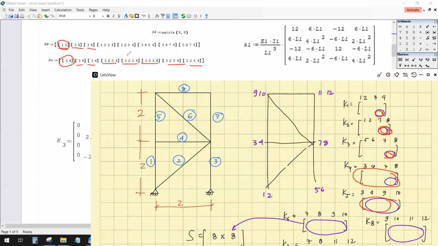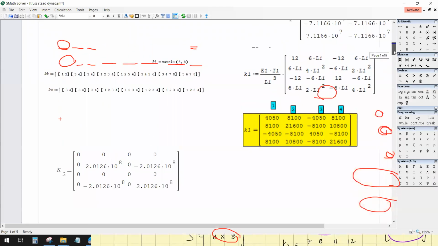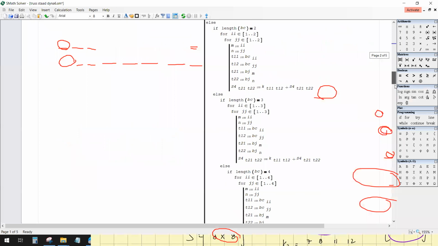Okay? Kasi lumalabas yung 11, 12, yun yung pang 7, 8 natin. Kasi nga, 8 by 8 yung ating S matrix. Okay, so once na settle na tayo dyan, BU and BB matrix.